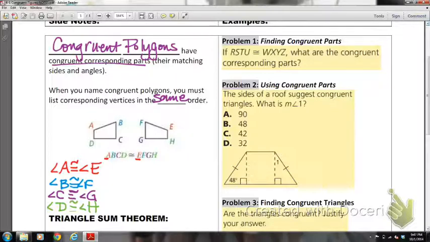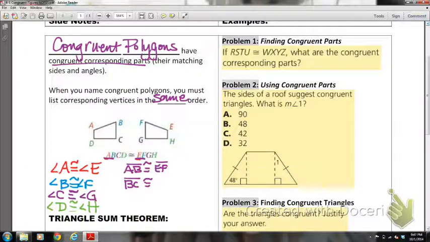So we have segment AB is congruent to segment EF. And once again, you can see in the name the AB and the EF correspond to the positions in the name as well. And you have side BC, segment BC.